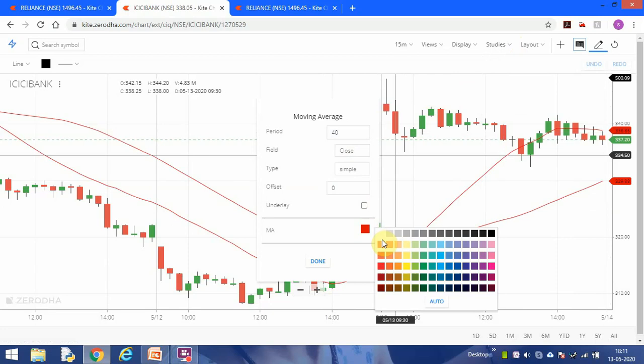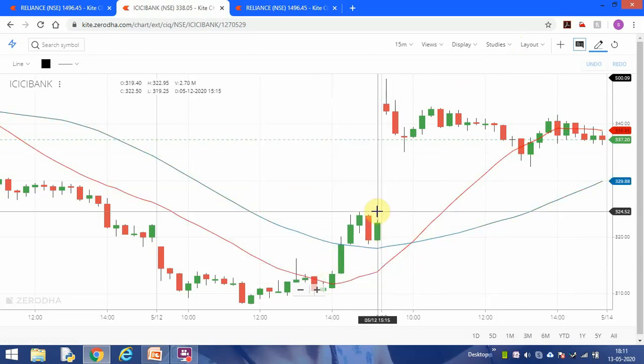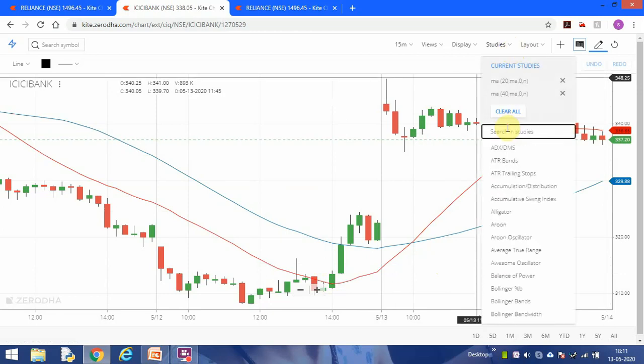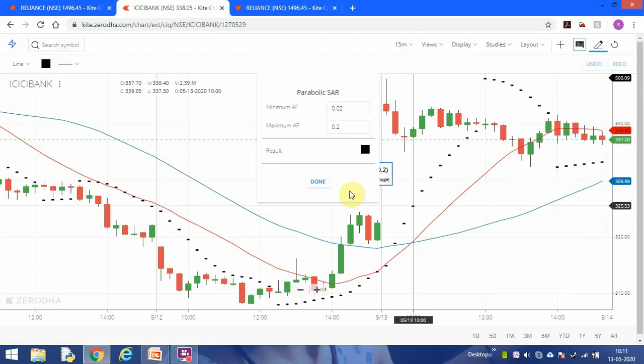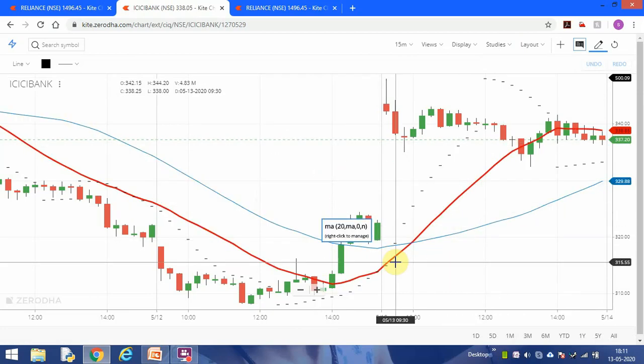I will change color. You see this is a blue color. Then I will use parabolic SAR. These three indicators I will use only.